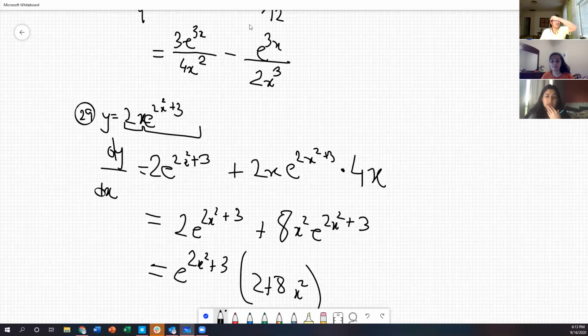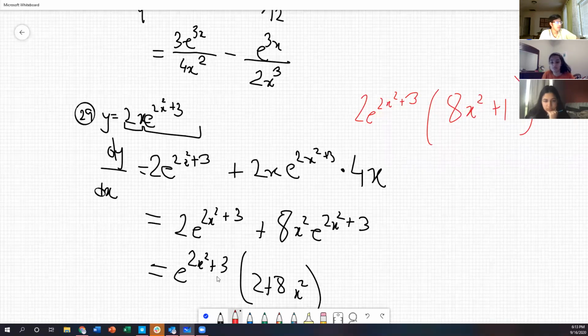Okay, so hold on, could you say the answer in the solutions one more time? So it's 2e to the power of 2x squared plus 3 times, in parentheses, 8x squared plus 1. Oh, I'm sorry. So first, we did this correctly, I think.